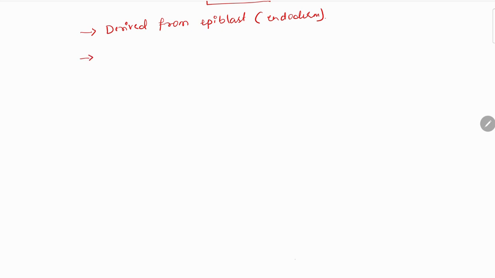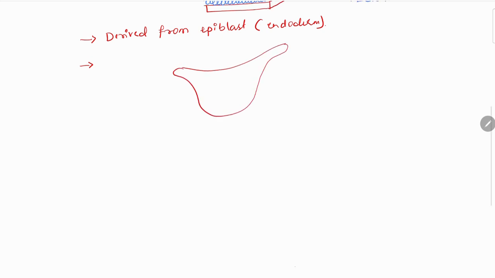Right, now we'll see migration. They are not going to stay in the yolk sac. So this is a baby, and if it is a female baby, suppose here is its ovary. The PGCs form here, and cytodifferentiation takes place.